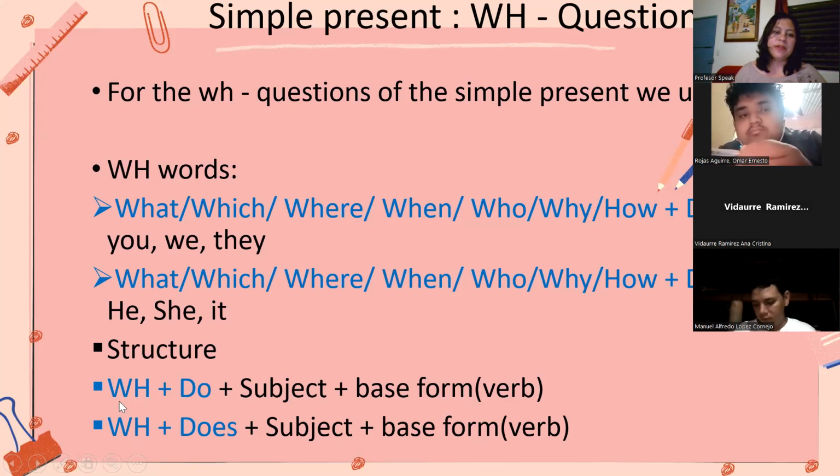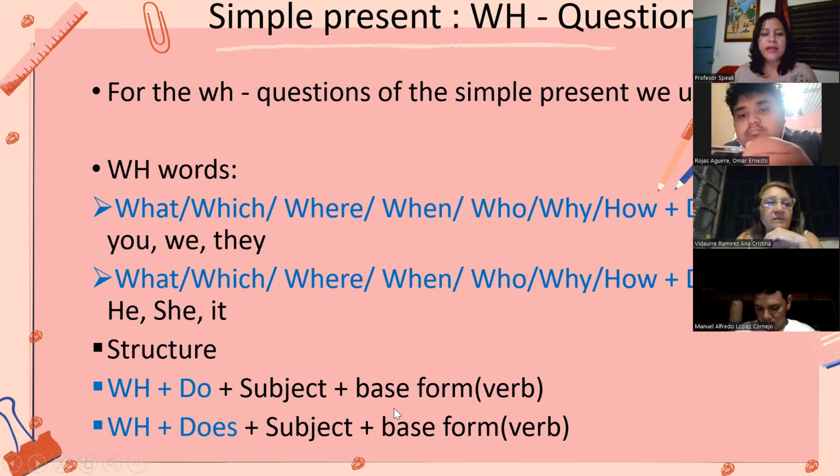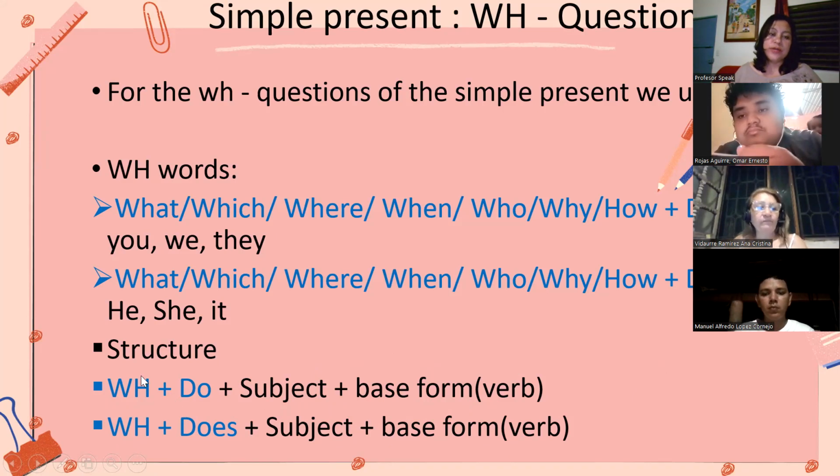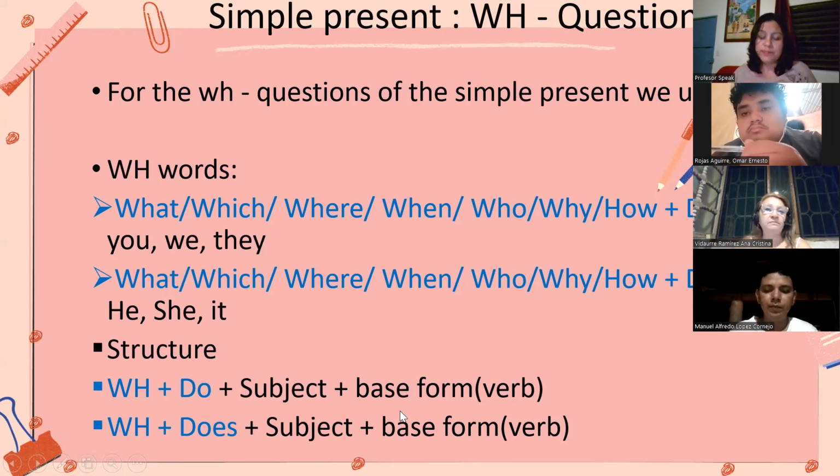Like, for example, you can say, why do you study English? Or where does Manuel study English? Okay, so you use the WH word, these options, plus the subject, plus the verb, but remember that the verb is going to be in the base form.